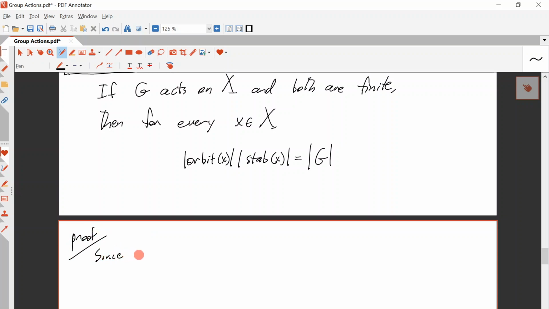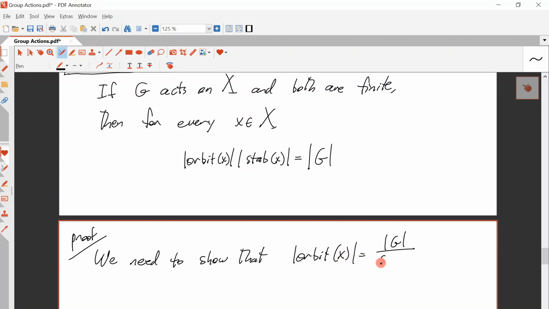Since the stabilizer of x is a subgroup of G, we need to show that the size of orbit x is equal to the order of G over the order of the stabilizer of x.